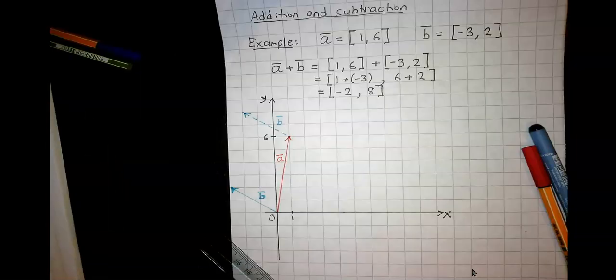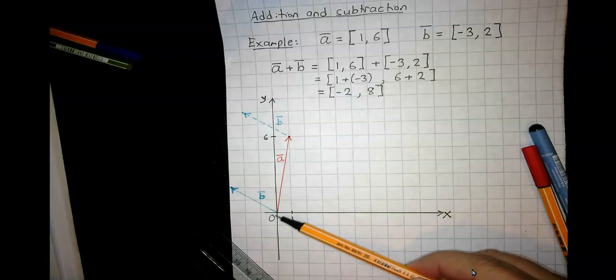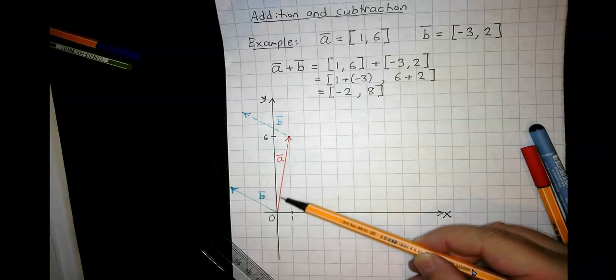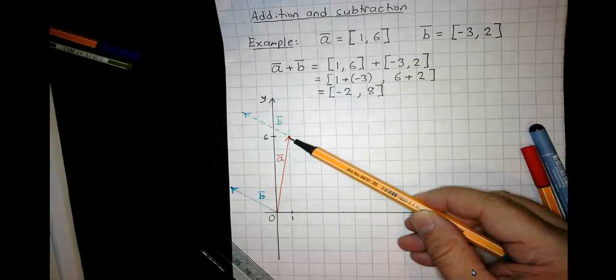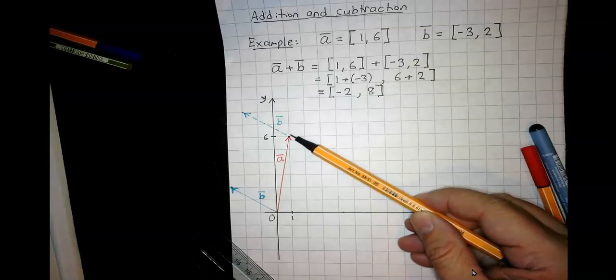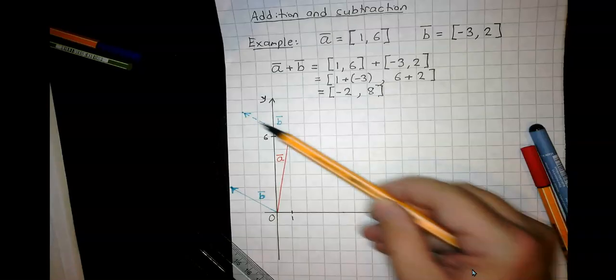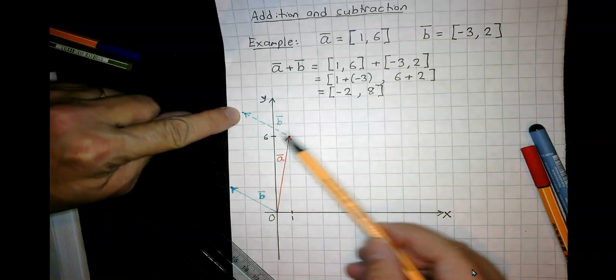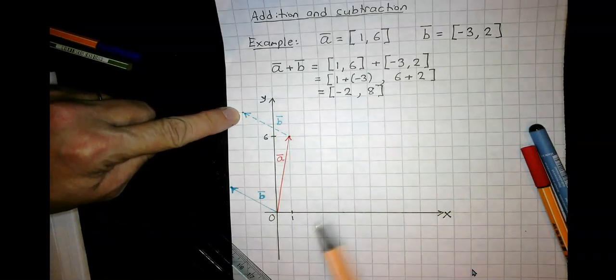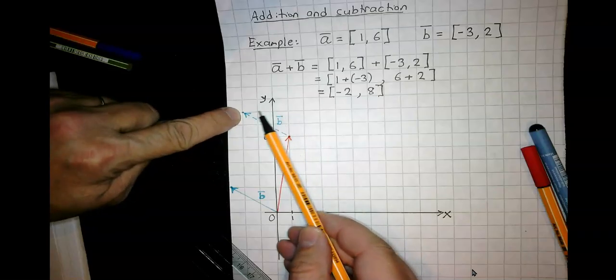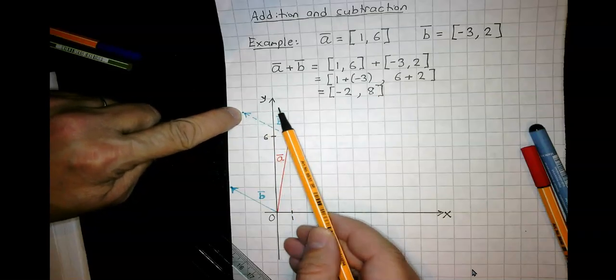And where did we end? We started from origin, then we moved along the A vector here, and then we moved along the B vector here. And what are the coordinates of this point? We can see that it is 2 units left from the y-axis.